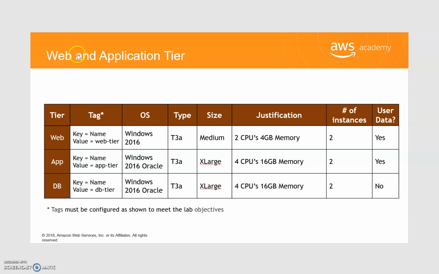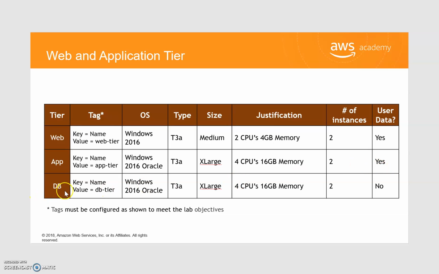So the web tier with the name and the value and the Windows and the type, and then the size of it. So 2 CPUs, 4 gigs of RAM, and the number of instances, and it takes in user data. And then we have the app tier, which uses business logic and it's Windows and Oracle, and then the type X large, 4 CPUs, 16 gigs of RAM, etc. And then 2 instances, yes.